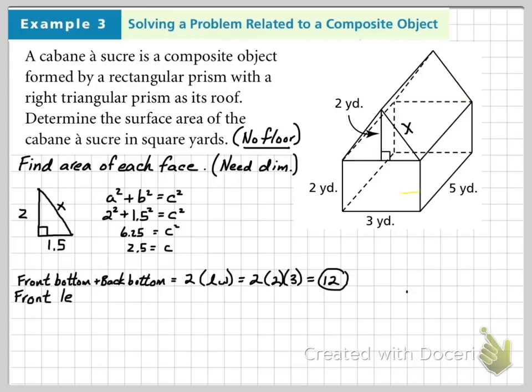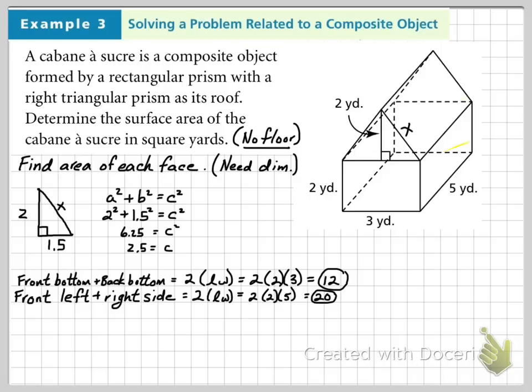In the next part, the front left and the front right side, those two sides right there, are also going to be rectangles with a length of 5 and a width of 2. That's going to be 2 times 2 times 5, or 20 for those two sides.